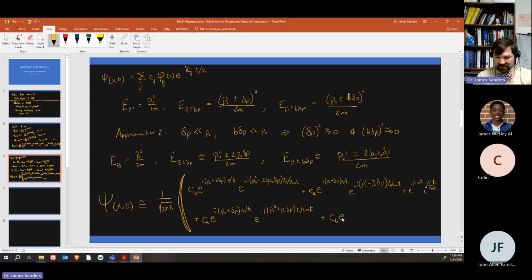Other outer peak, C sub B e to the i (p naught plus b delta p), and our time dependent phase term e to the minus i (p naught squared plus, now, 2b delta p) time divided by 2m h bar.